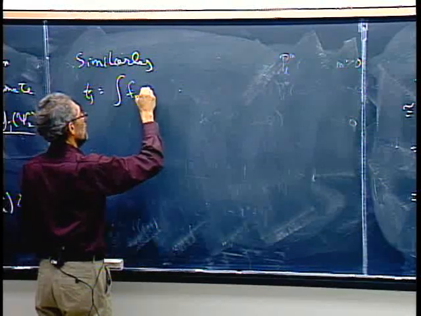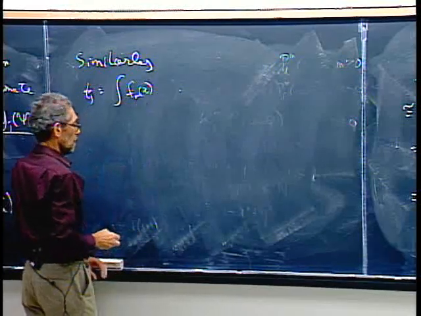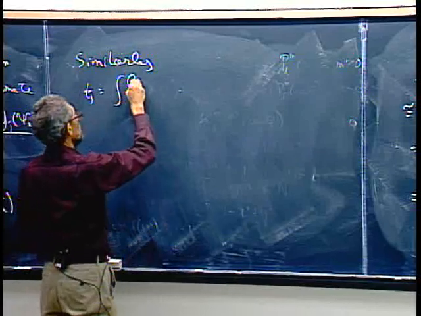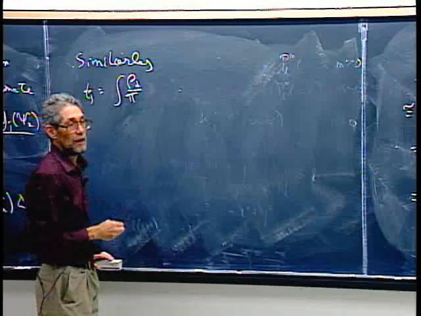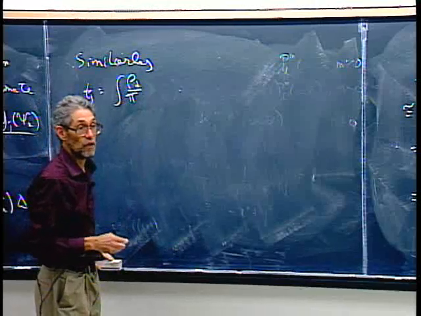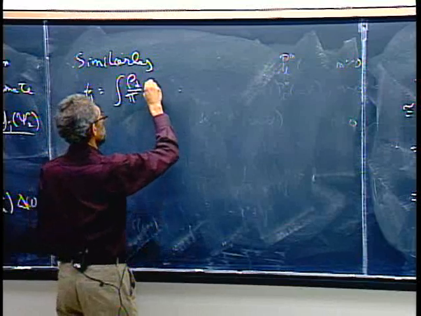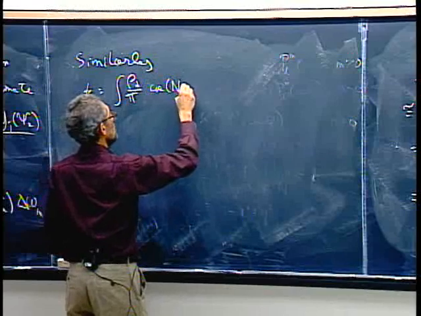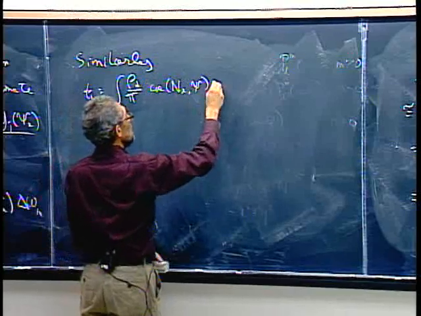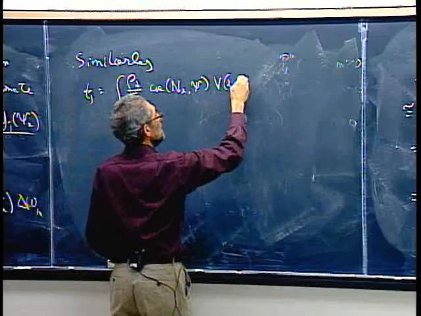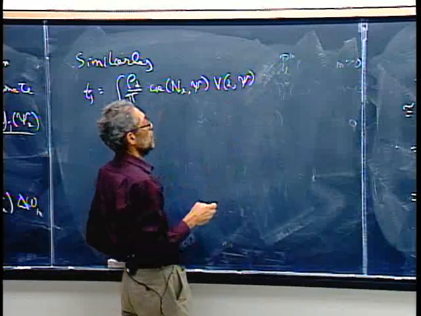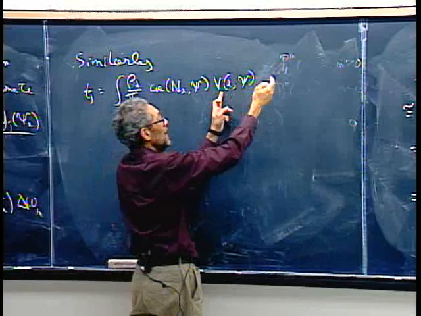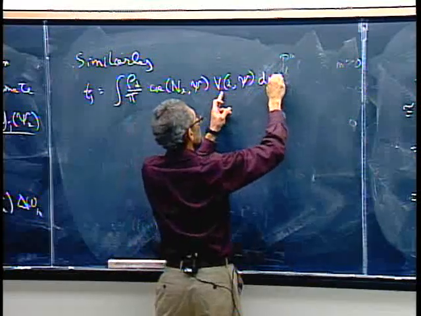My bidirectional reflection function at x. If it's diffuse, this is really just rho diffuse over pi is the bidirectional reflection function. So let's do that case first. And then we have cosine between nx and psi. And then we have the visibility in direction psi of this infinite sphere. In other words, this visibility is 0 if the ray hits an object and 1 if it gets out to the environment. D omega psi.